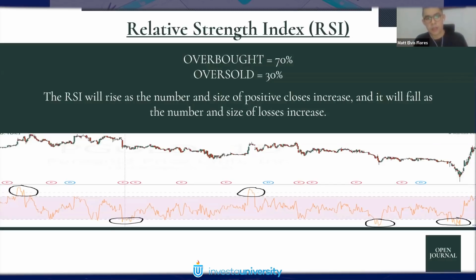So, okay. So nilagay ko din dito na the indicator will rise as the number and size of positive closes increase. Diba? Ito yung sinasabi ko when it comes to computation. And then it will fall as the number and size of the losses increases. So meron din akong mga pinakita dyan na example na may mga circle lines. This is your overbought. Diba?